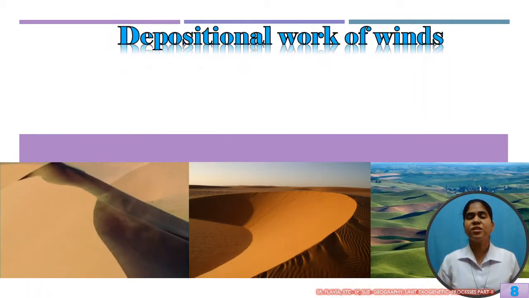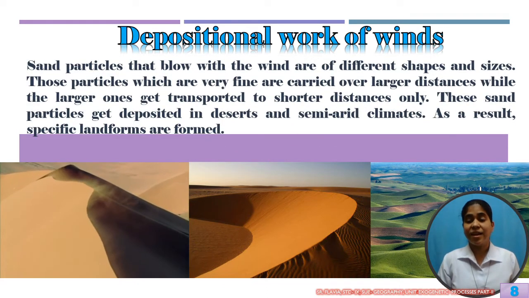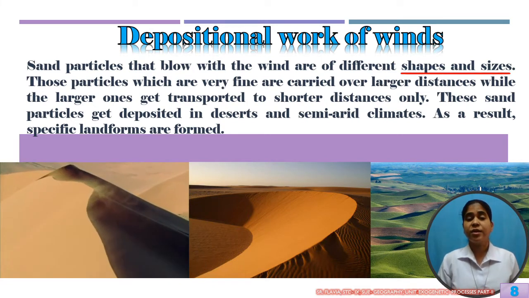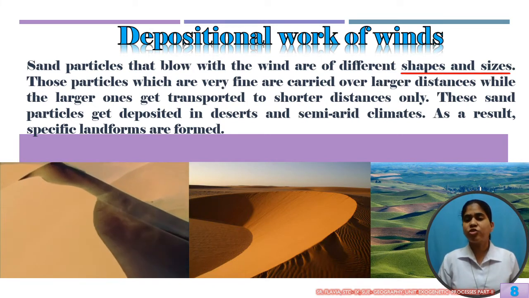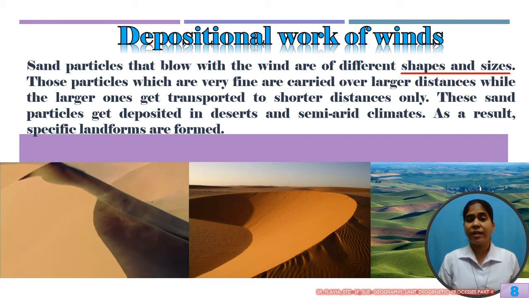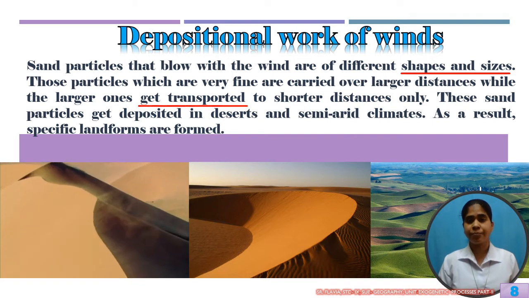The depositional work of the winds. Sand particles that blow with the wind are of different shapes and sizes. Those particles which are very fine are carried over larger distances, while the larger ones get transported to shorter distances only.